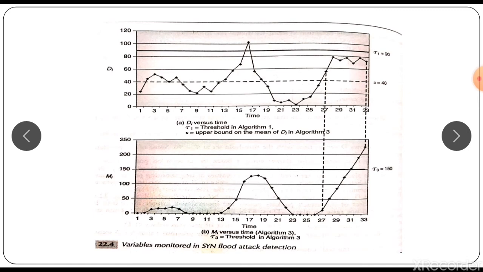Some problems with this approach: the first problem is the IDS may raise a false alarm since it bases its decision upon one point, that is, whether the value is greater than the threshold value. Here the value of D rises to above 100. You can consider it as 1 or 2. That will trigger an alarm.